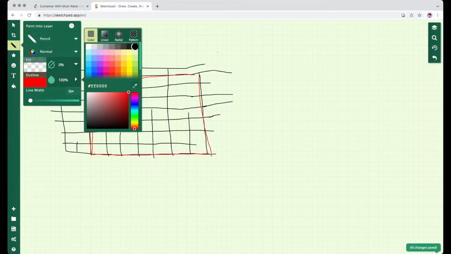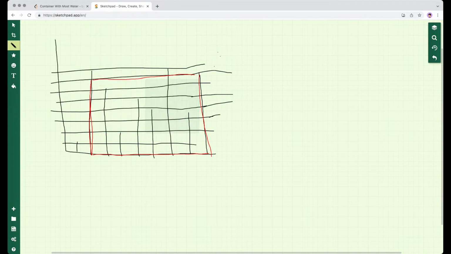Okay. So this one is 8, and this is 7 actually. It's 8, and then you have 7 here. So 7 times 7 equals 49. So that's how you got the maximum area.